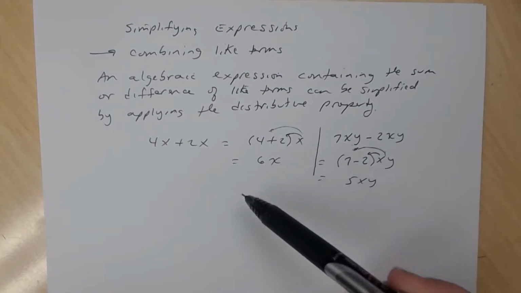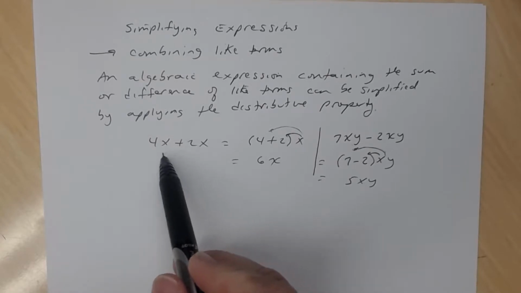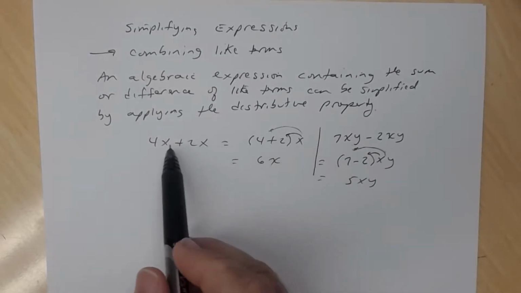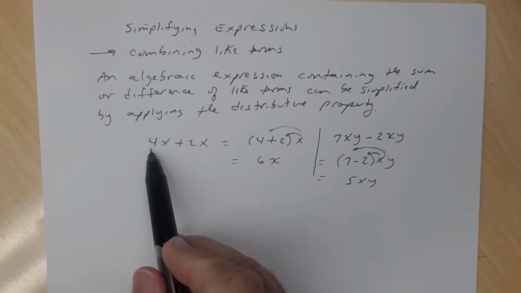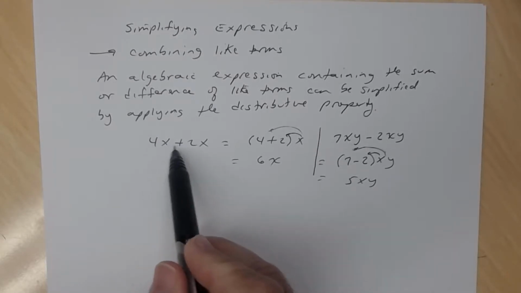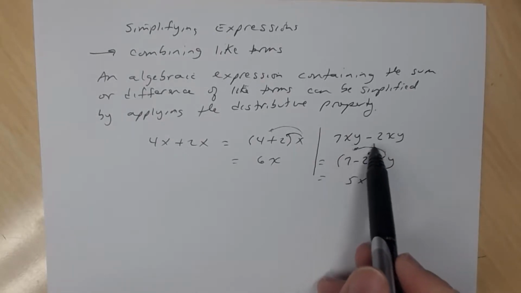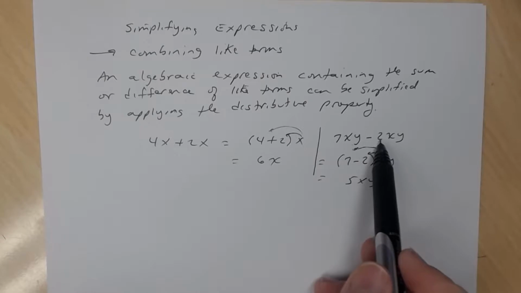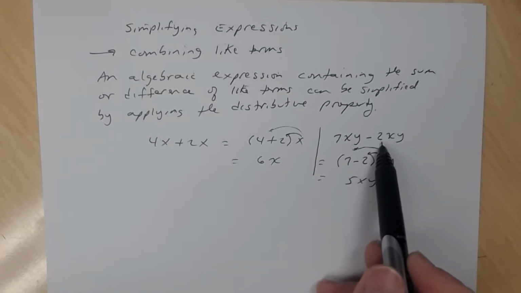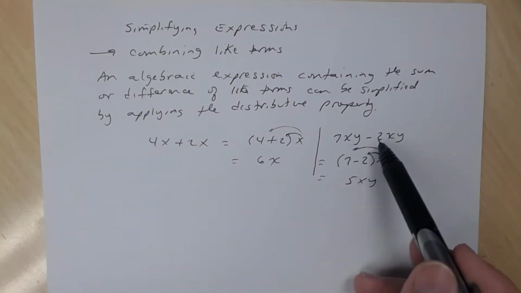Now notice what's happening. When I combine these like terms, basically what I am doing is adding or subtracting their coefficients. The coefficient of 4x is 4, and the coefficient of 2x is 2, and we said 4 plus 2 is 6, so we get 6x. Over here, be a little bit careful, because some students seem to want to say that the coefficient is 2, when in fact it's negative 2.